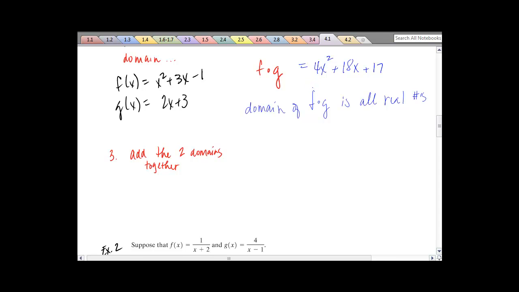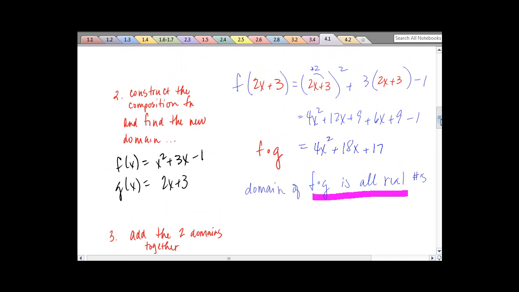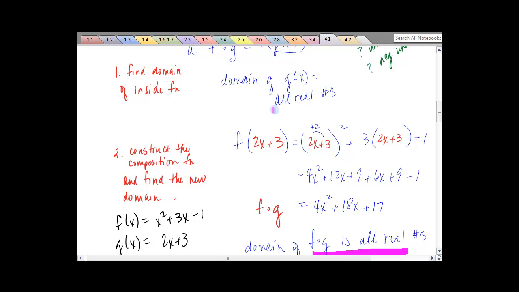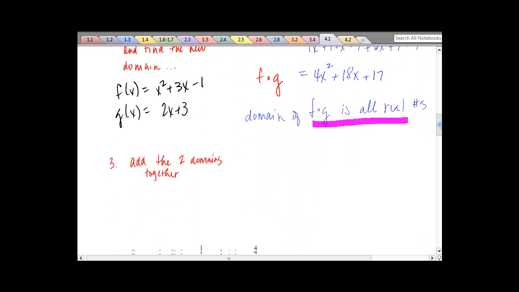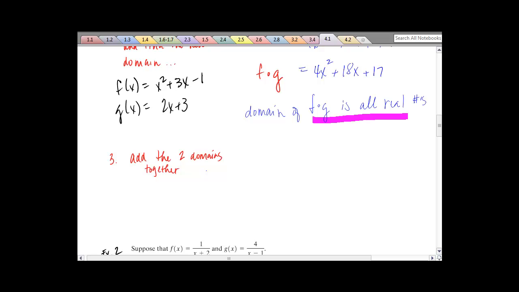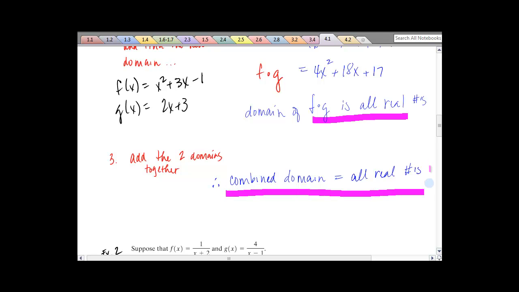But since I don't, since the domain of this one is all real numbers, the domain of g of x is all real numbers, the domain of my final function, the combined domain, is all real numbers. So that would be the final answer.